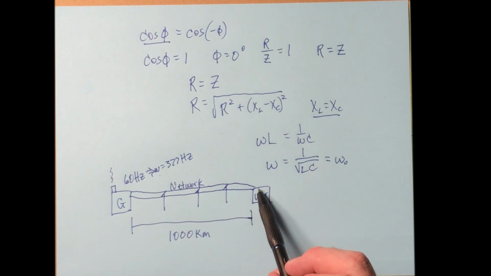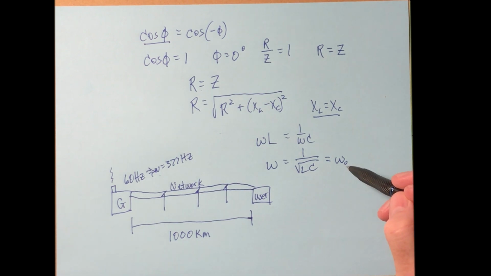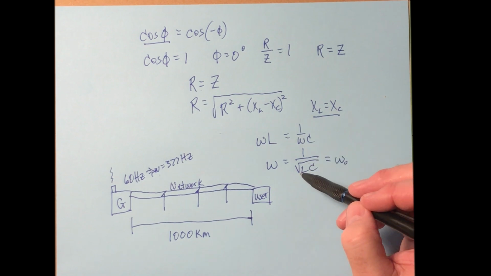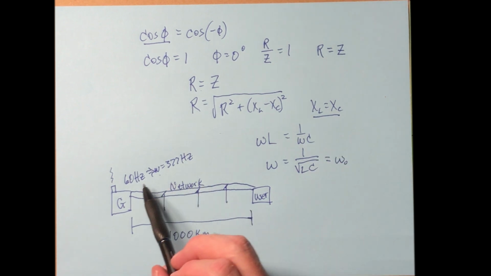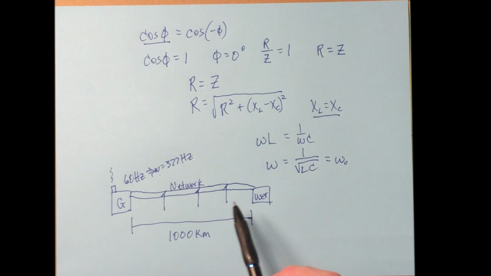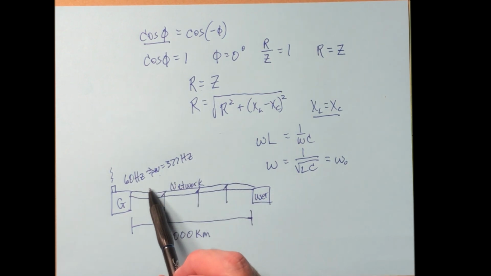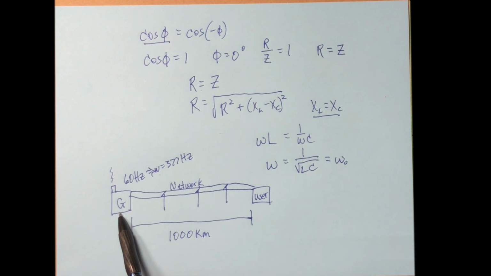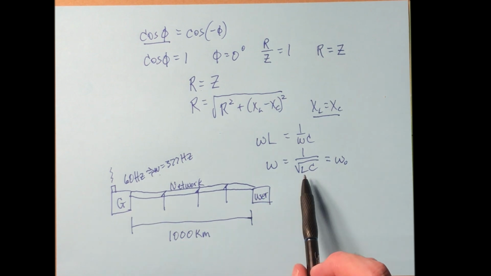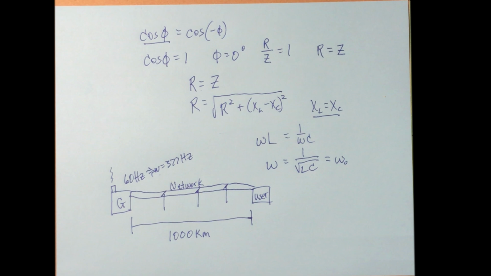However, the network itself has a natural frequency at which oscillations will occur within it, and that is omega naught, which is 1 over the square root of LC. So if you can go into your network and balance it so that it has a natural frequency equal to the frequency of the generator, then you're going to maximize your power factor. So that's the way you do it.